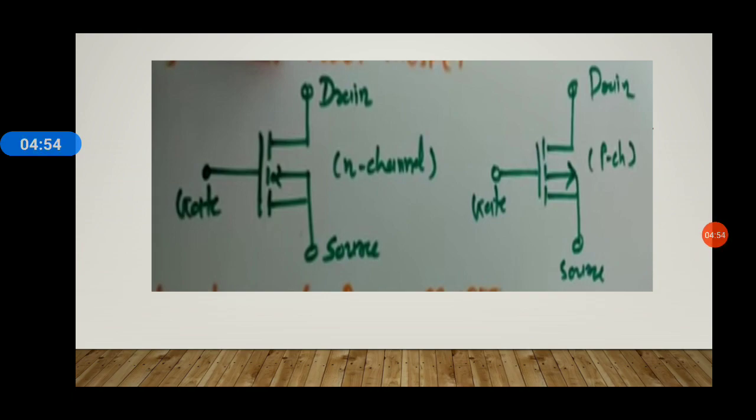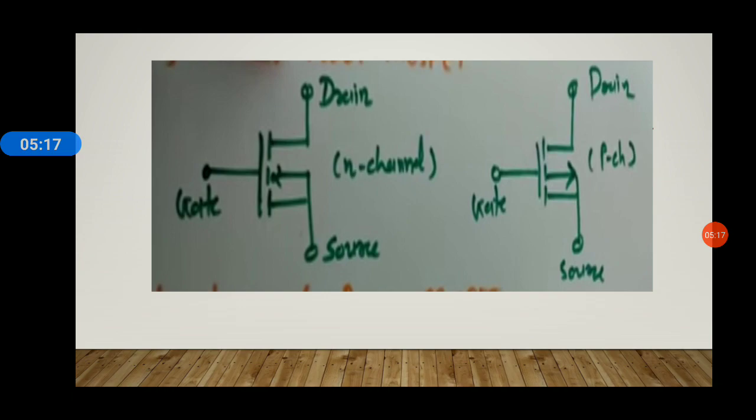Herein is the symbolic representation of MOSFET or power MOSFET, which is of two types, N-channel and P-channel MOSFETs. We can see the N-channel symbol and P-channel symbol differ in the direction of the arrows.